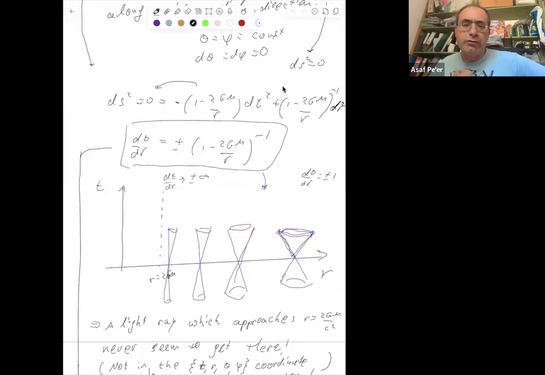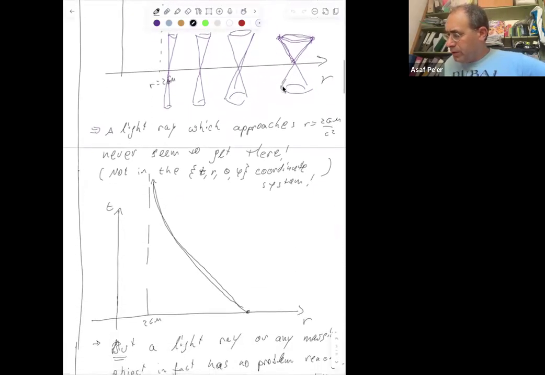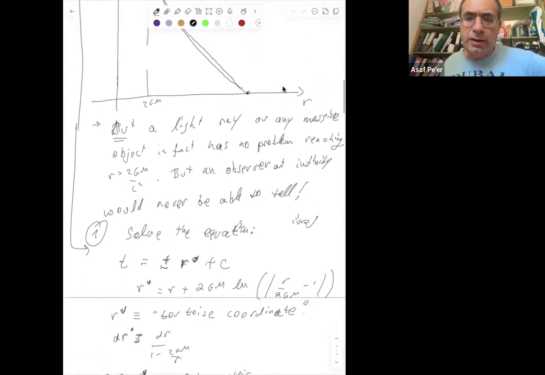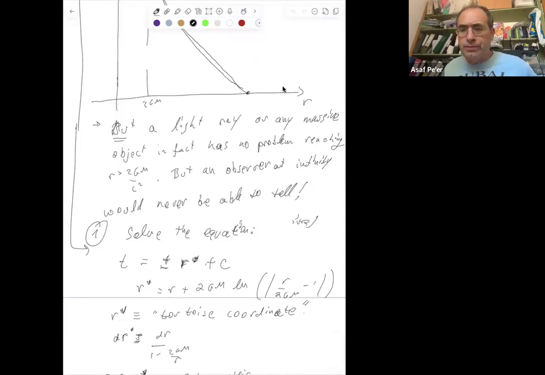You will, but I will never be able to see it, because it takes you longer and longer time as you approach. And of course, you're getting redder and redder as you approach it. But we say in reality, this is not going to happen. What's going to happen is that you will reach it. So reality is I will never see you, but it doesn't mean you couldn't reach there.